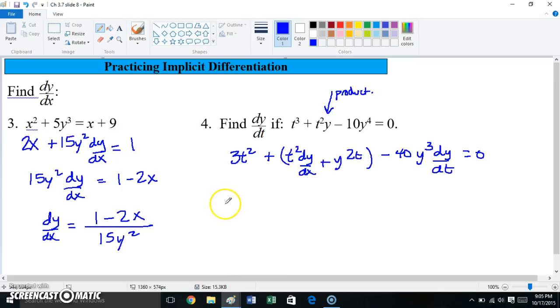Isolating the dy/dt terms, or at least grouping them, and factoring out the dy/dt, and moving the other terms to the other side, we're going to get minus 3t squared minus 2ty.